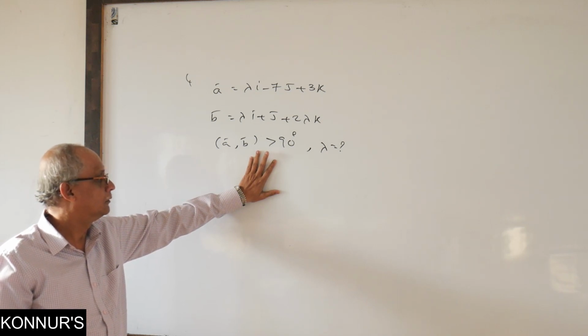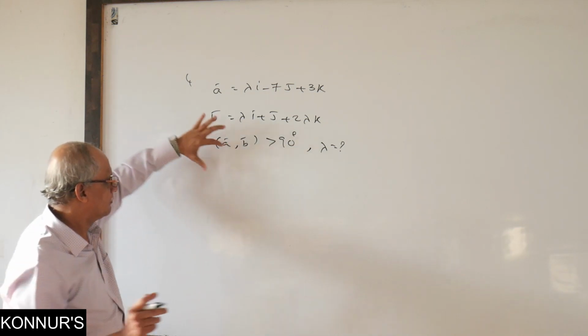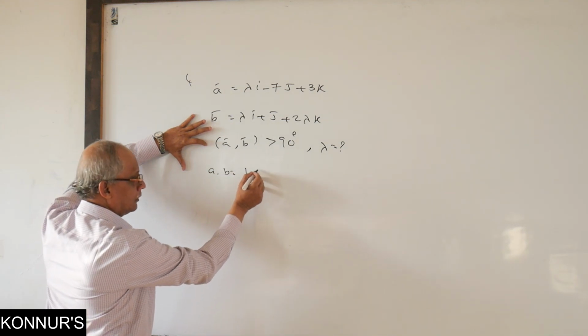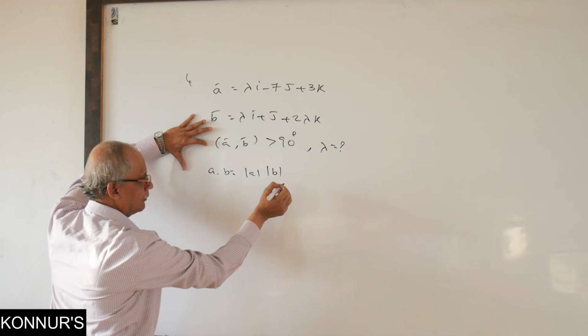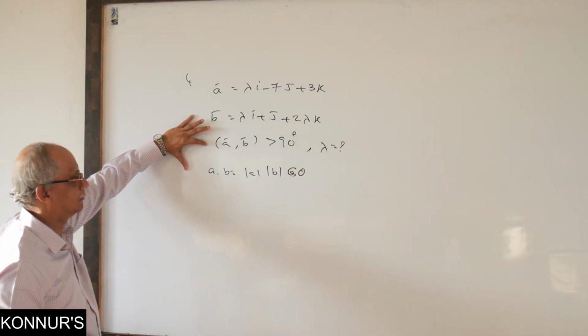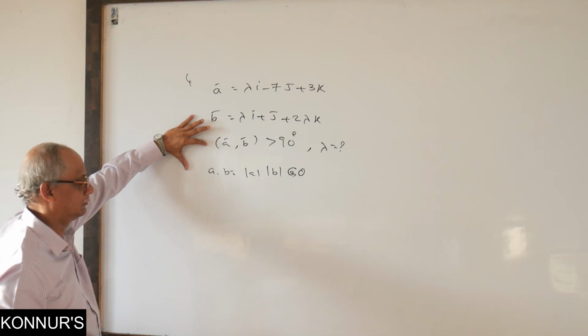Then we know A dot B is A B cos theta. Okay, this is our formula.